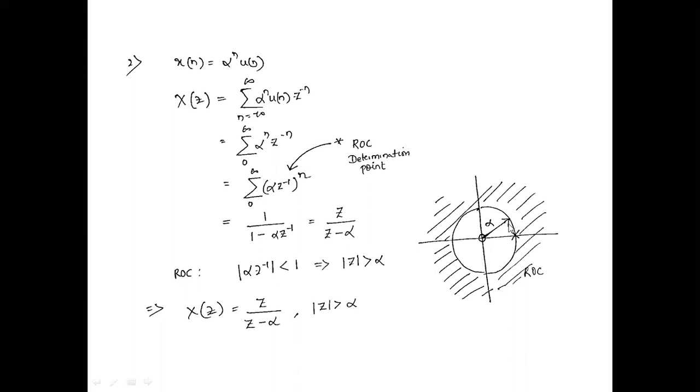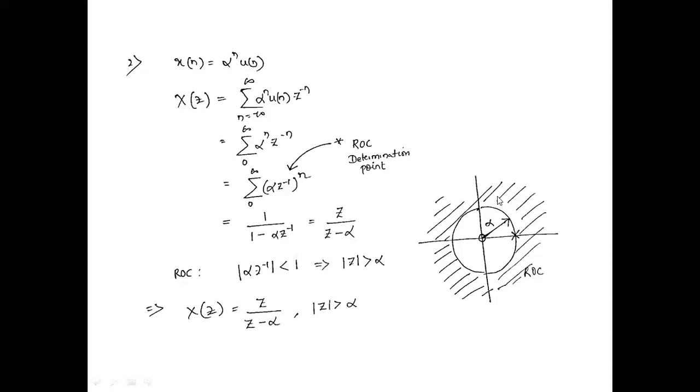If z is less than alpha and I substitute, it is going to give me an infinite value. That is why the ROC is not the entire z plane. So we conclude that signals having finite duration will have the ROC as the entire z plane, whereas this signal was of infinite duration, so here the ROC is only a certain region.